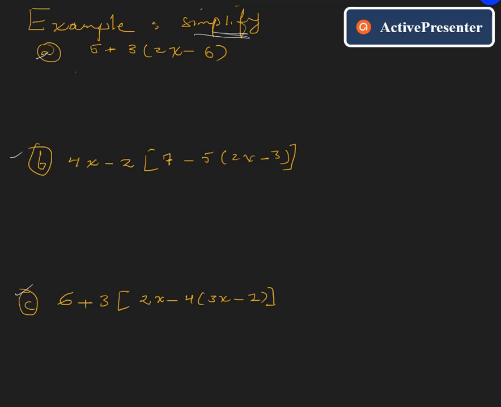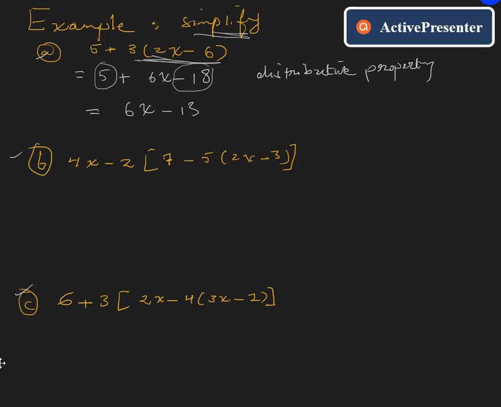This is equal to 5 plus, we can use here the distributive property, so it should be 6x minus 18, which is eventually equal to 6x minus 13. We combined, of course, 18 and 5. So what did we do? We used the distributive property.